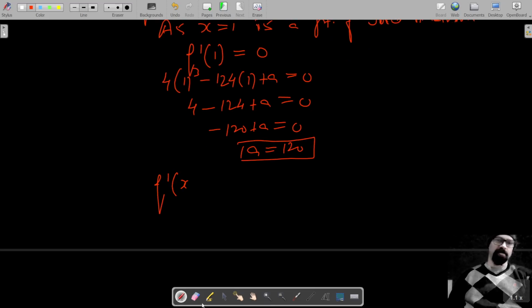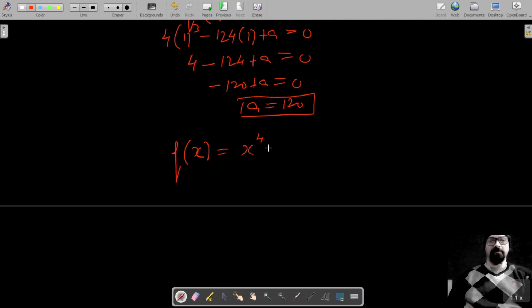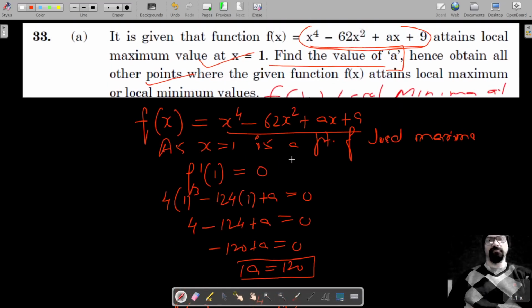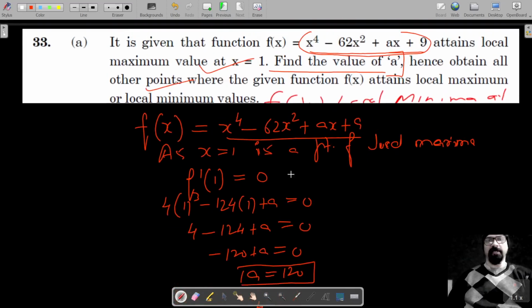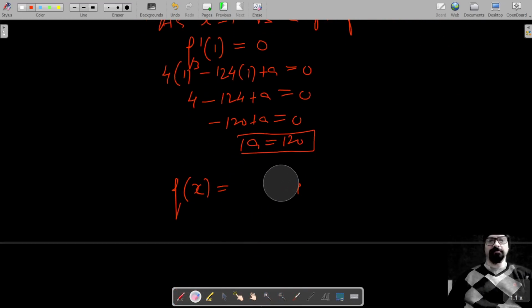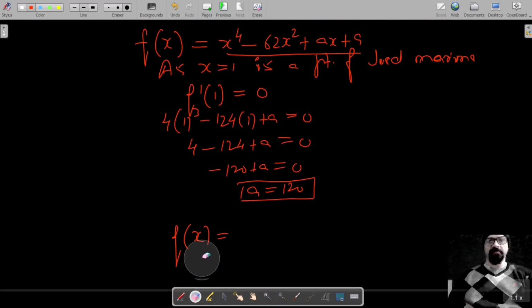So now our function becomes, let's substitute the value of a. Let's get the value of f dash x.